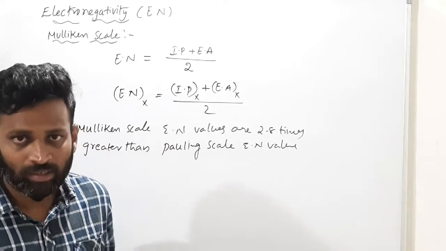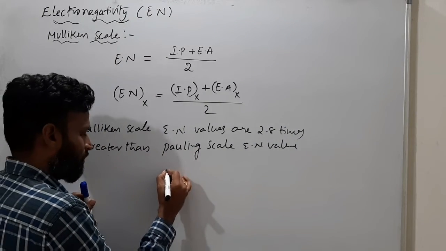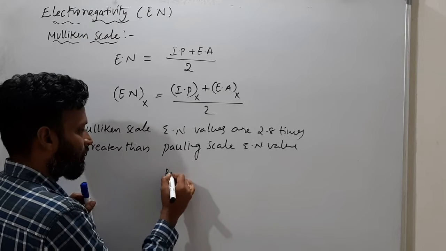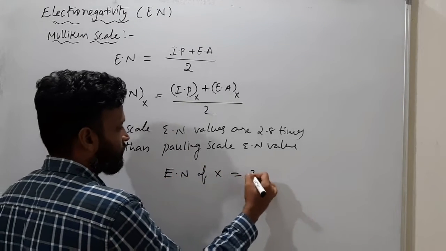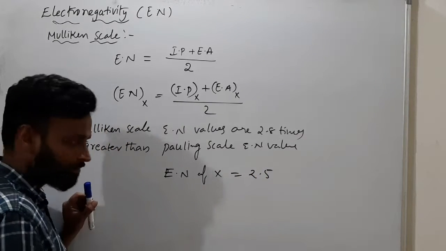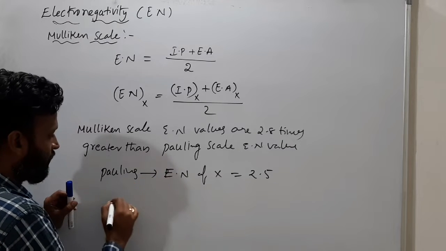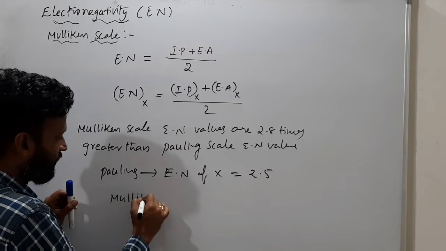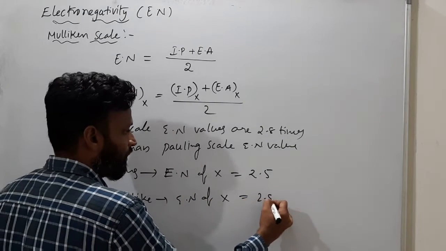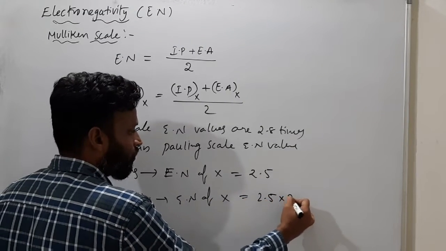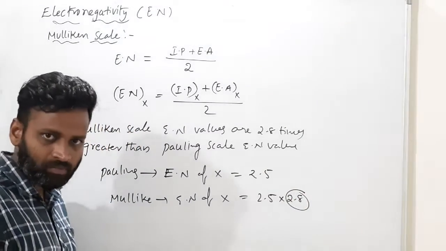Understanding what I am saying? Suppose according to Pauling, the electronegativity of some X atom is 2.5. But according to Mulliken, the electronegativity of the same X is 2.5 into 2.8. So you are getting 2.8 times greater for every atom.